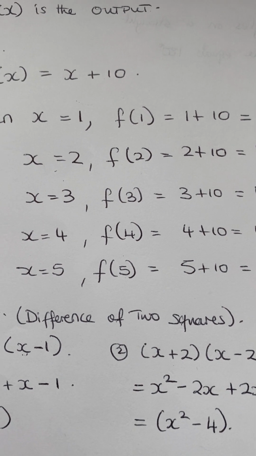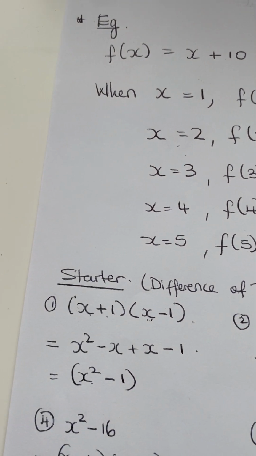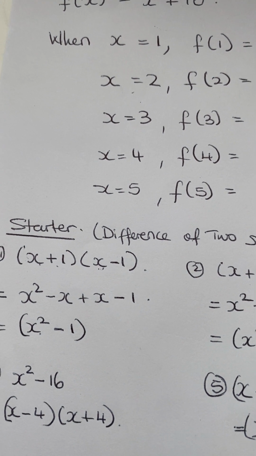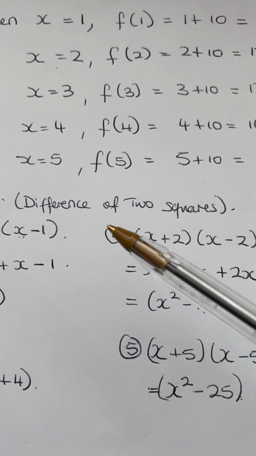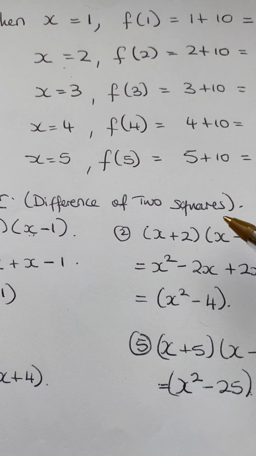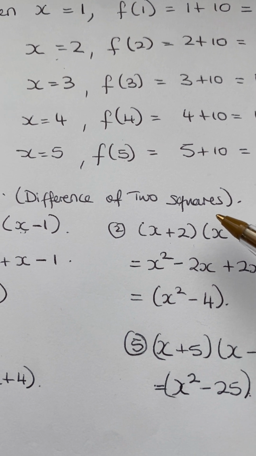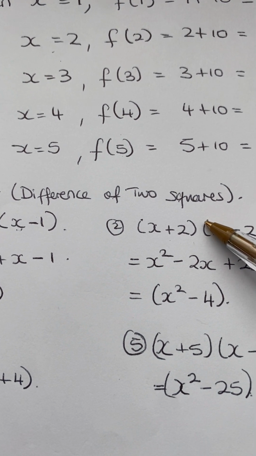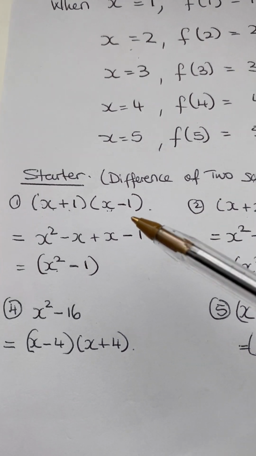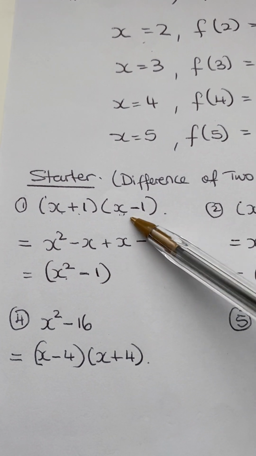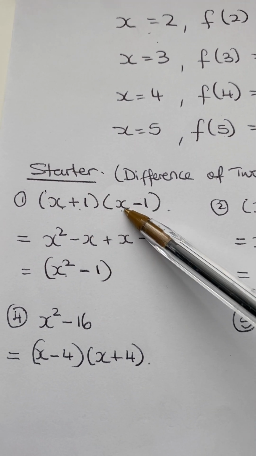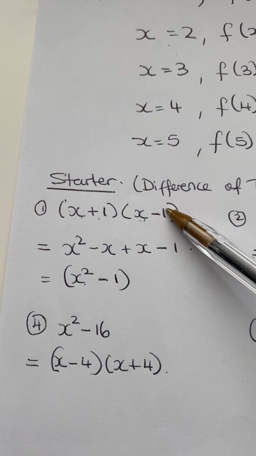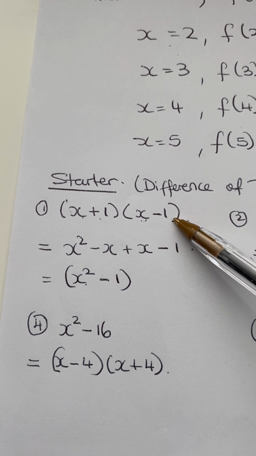Now, today's starter. We want to have a quick look at the difference of two squares, because we might need it in the future. The last time I introduced you to this, there were two videos. One, I think, is substitution.